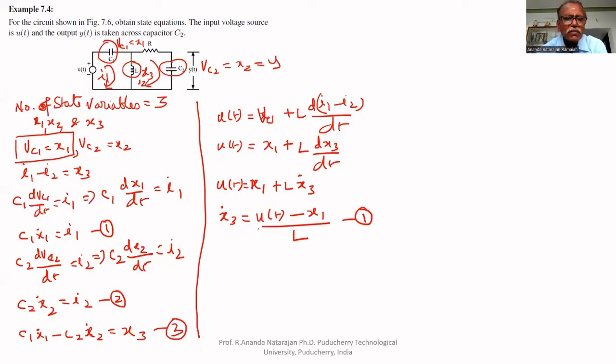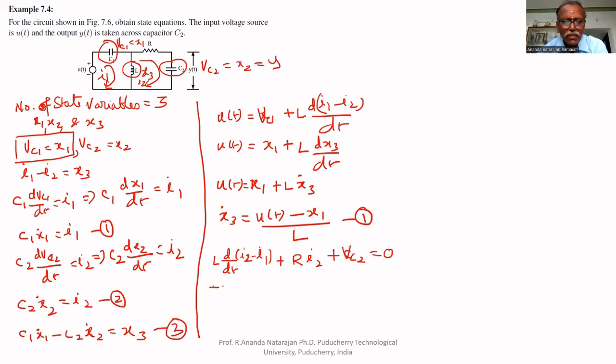Similarly, if we consider the second loop, that is the I2 loop, what you will get is L d by dt of (I2 minus I1) plus R I2 plus VC2 equal to 0.